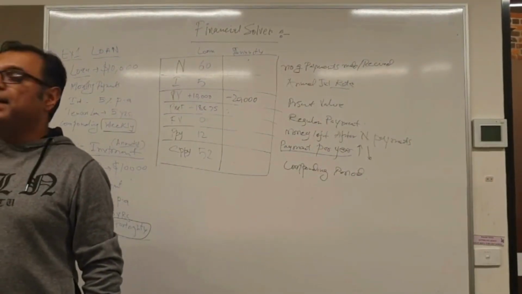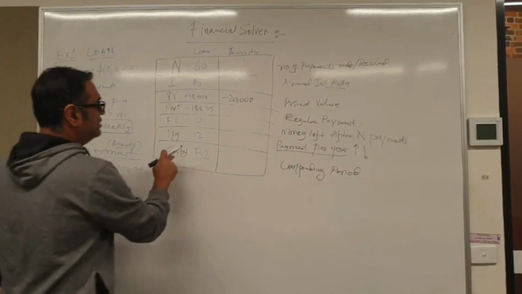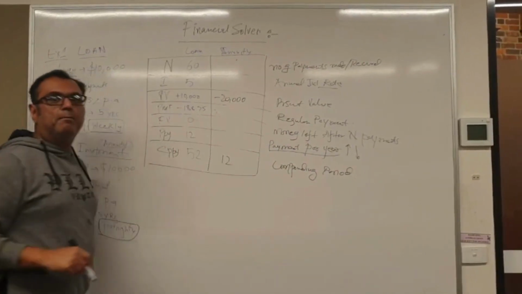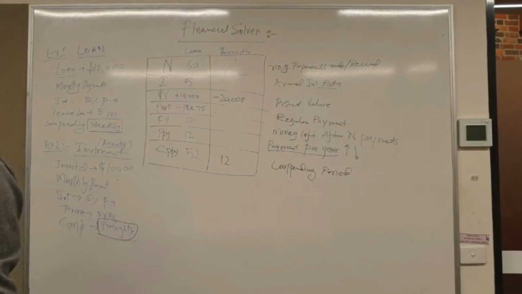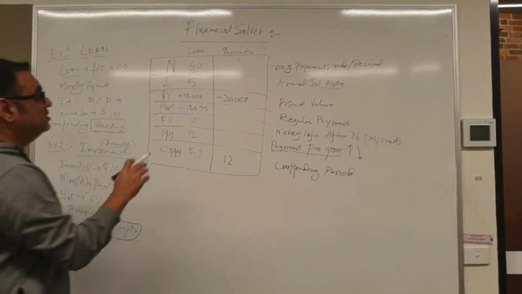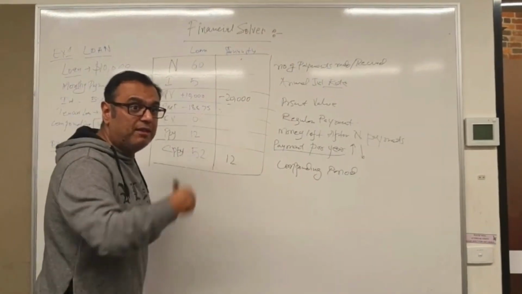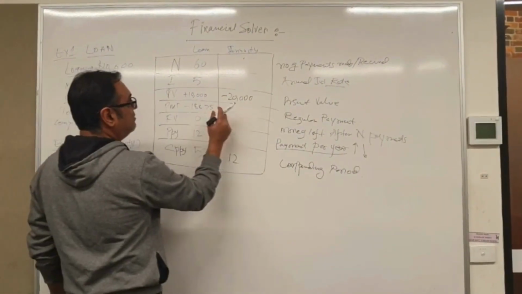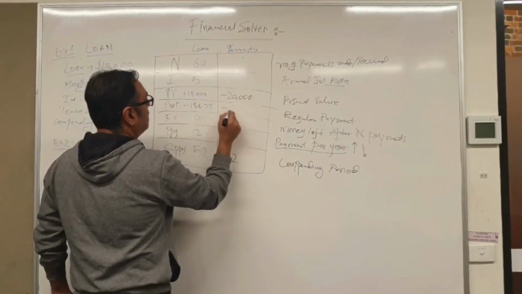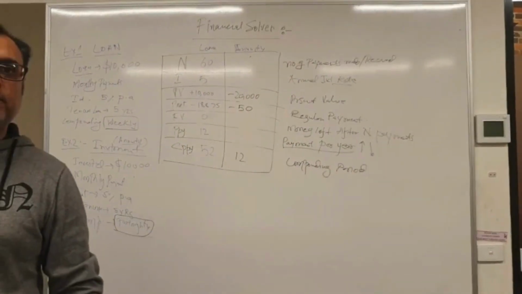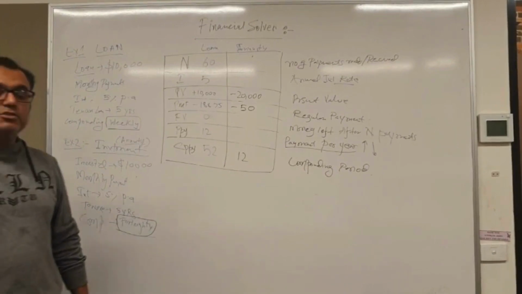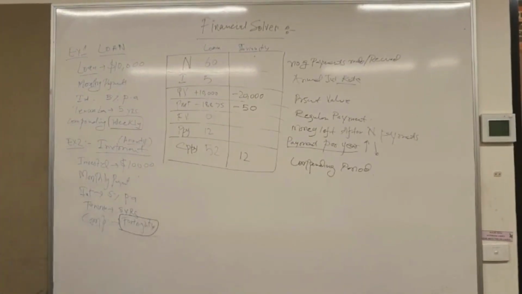Where interest compounds monthly, CPY is 12. She adds 50 per month. She is now paying 50 as well from her back pocket. So PMT is minus 50. Right, Danu? Yes or no? 50 is going out.